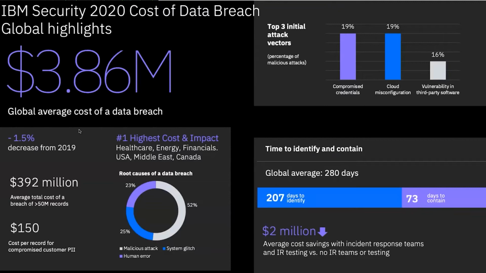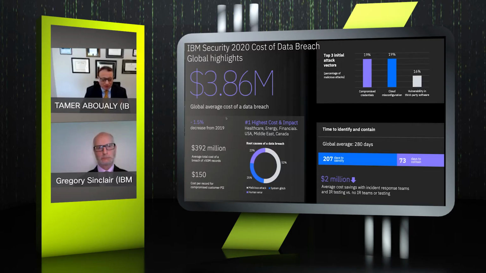What's interesting to note is that in terms of the root cause, over half, 52%, was malicious intent. And the other parts related to glitches or human error. But more and more, we're seeing that the actual root cause of this can be traced to some sort of malicious intent.